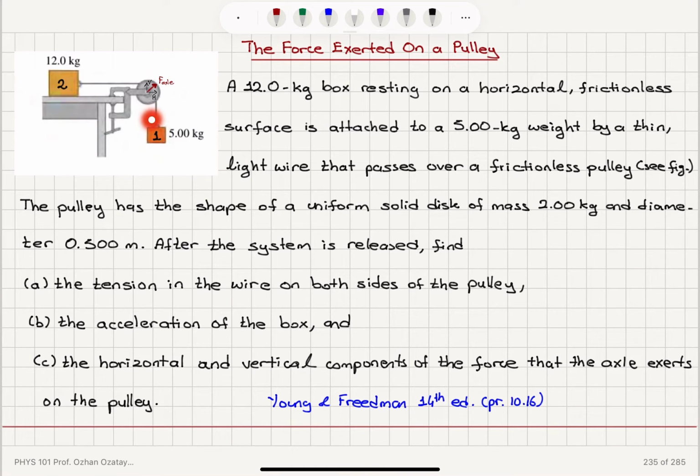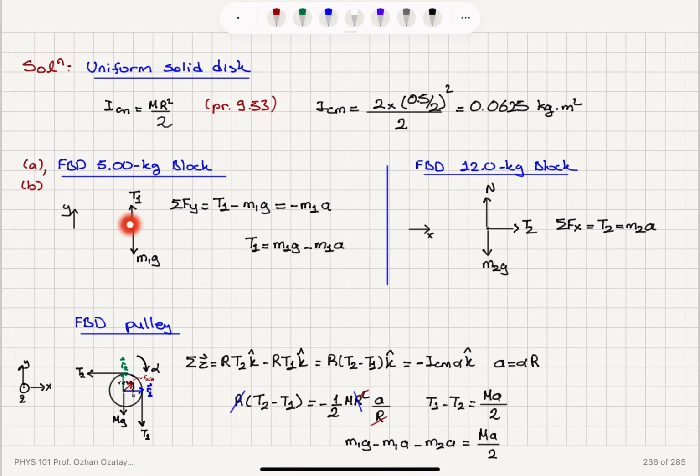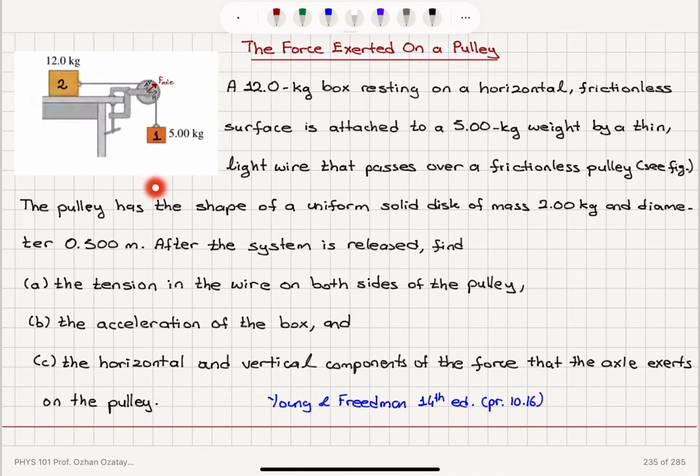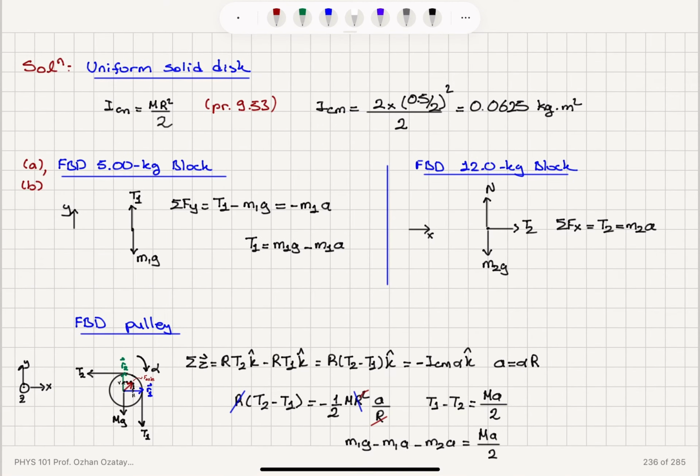I see tension T1 and weight M1G pointing down, which gives me T1 minus M1G is minus M1A because it will accelerate downward. A is the magnitude, then I will have minus M1A J hat for this force. So T1 is M1G minus M1A.